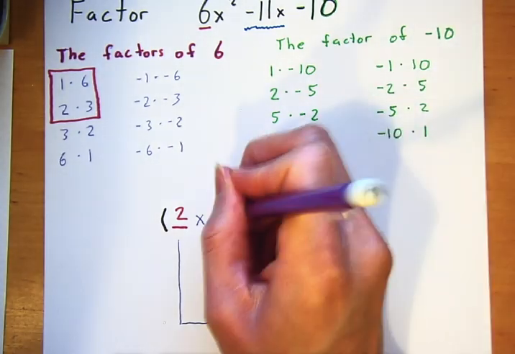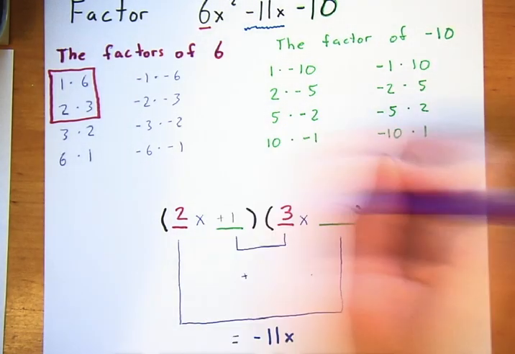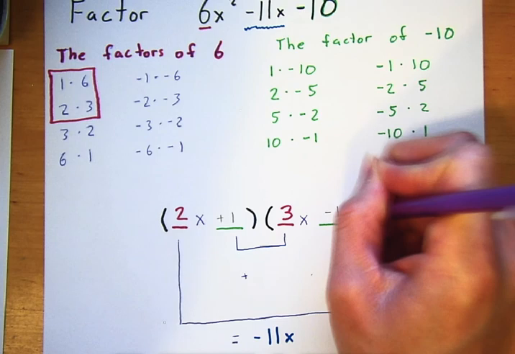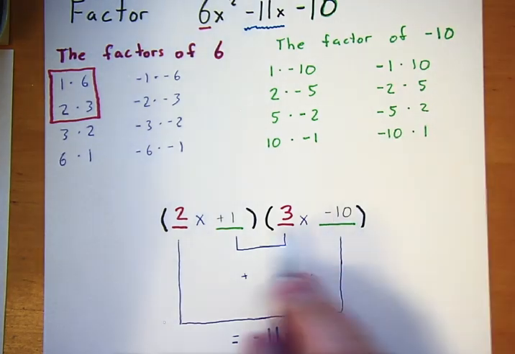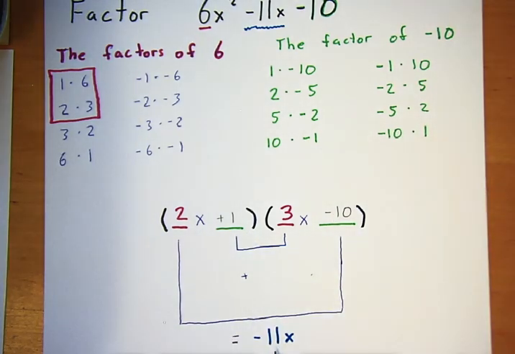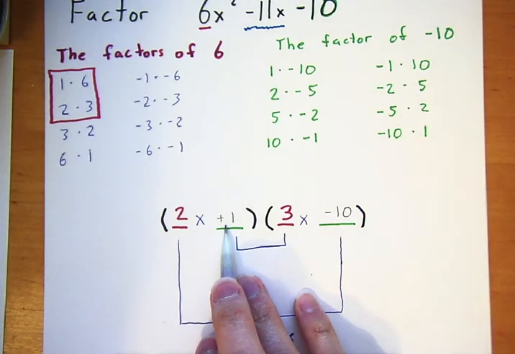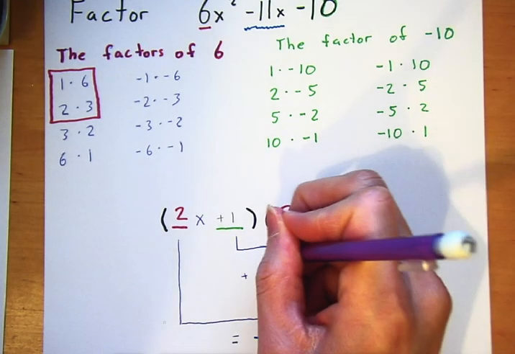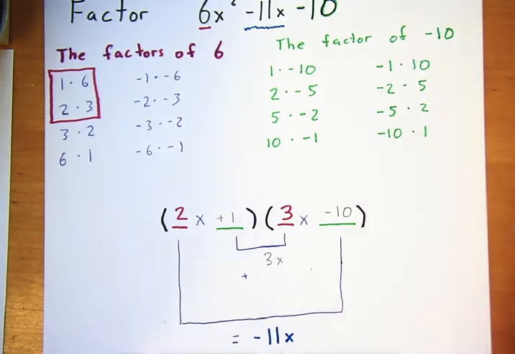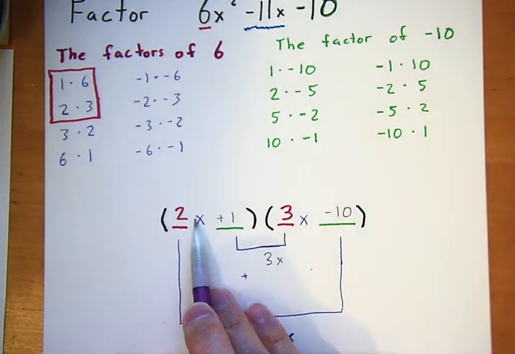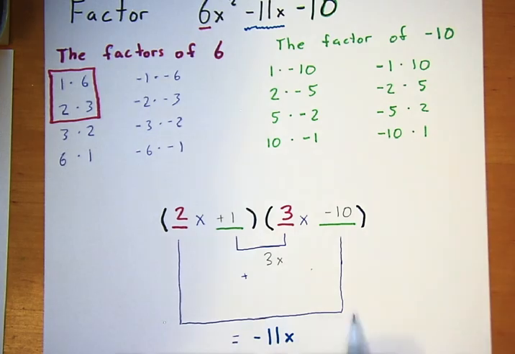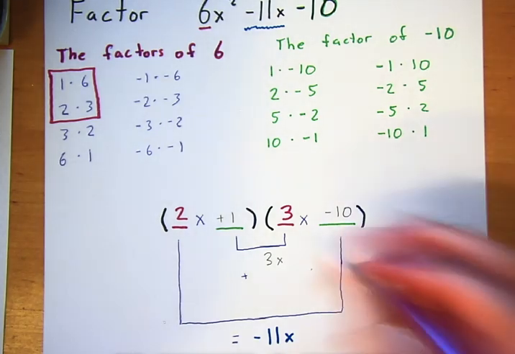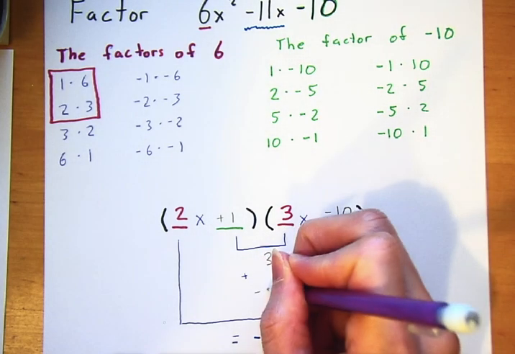Let's put positive 1 here and then negative 10 here. Okay, and then check to see if it gets you negative 11. Positive 1 multiplied by positive 3 gets you 3x. Positive 2x multiplied by negative 10 gets you negative 20x.